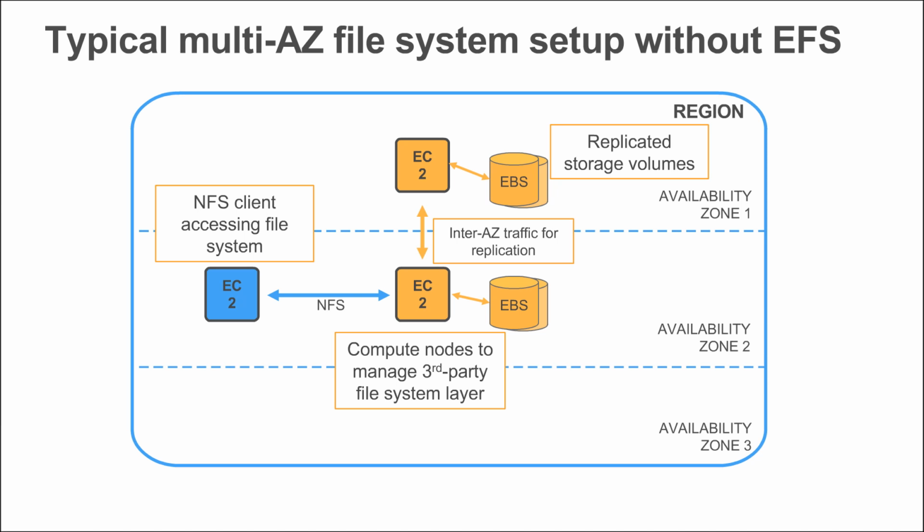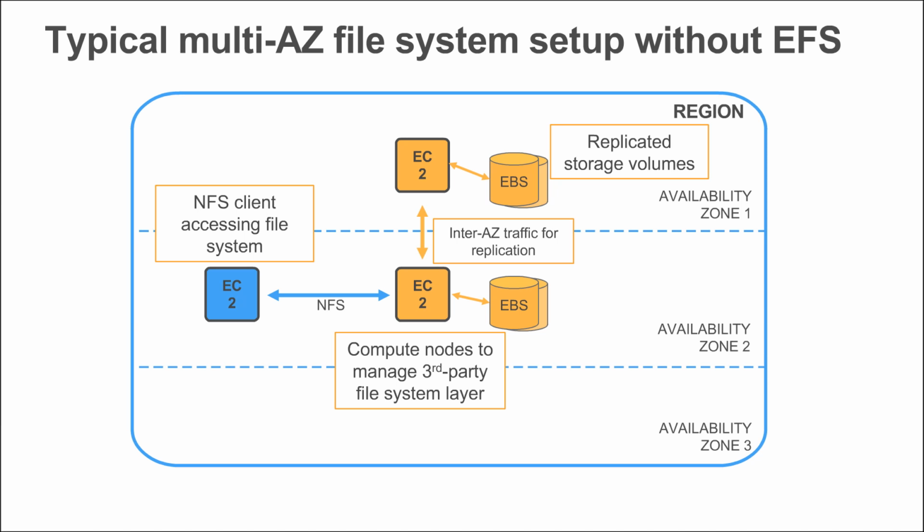So you would have EC2 instances that are running some third-party software layer that manages shared access to the file system, and you're provisioning those EC2 instances to run that software. Typically, those software layers are backed by EBS, so you'll have EBS volumes in each of your AZs as well, and that's where the data is actually stored.